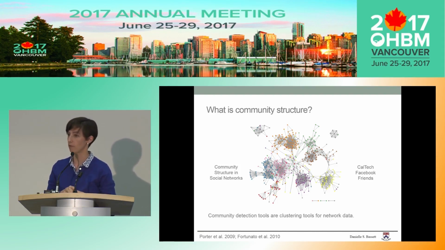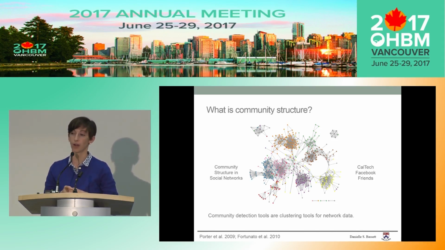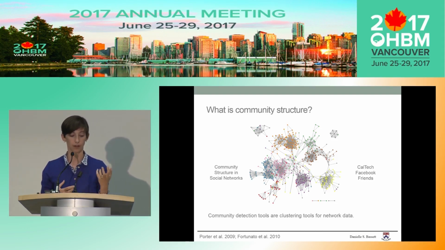It's one sort of mesoscale organization in a graph. What are some other mesoscale organizations that you might have heard of before? You may have heard of rich club organization or core-periphery structure. Those are both two other kinds of mesoscale organization. Community structure is one that really focuses on understanding modules inside of the data. So community detection tools are technically clustering tools for network data.